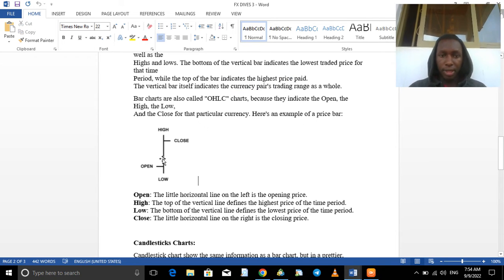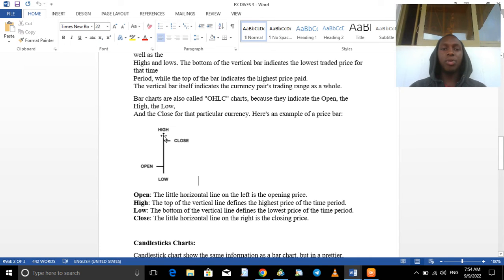Now I have a little bit of illustration here. Now let me say the candle of a certain pair. Let me say it can be an H1, it can be H4. So it's open. It's always here if it is buying. So this is its open. Now this is its low where the price started from, and this is the highest.